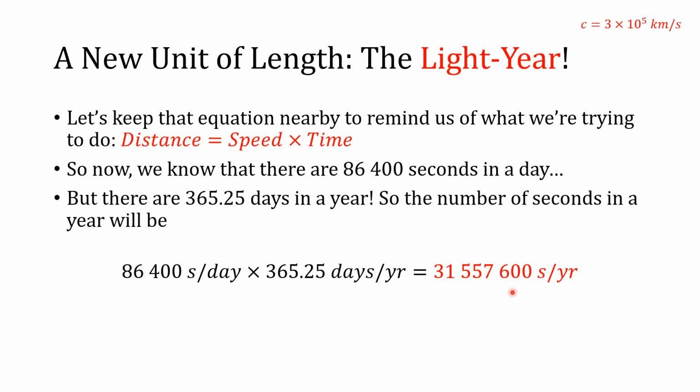Cool? Cool. Now, let's think back. What were we actually trying to do? We're trying to figure out the distance light travels in a year. We have the speed of light in kilometers per second, and now we have the time in seconds, right? This is the number of seconds per year. We don't really need to worry about that per year part. This is the number of seconds in a year right there. So we can just throw in that number.